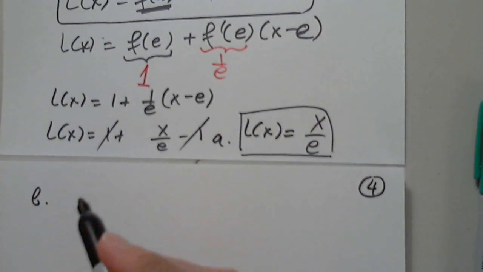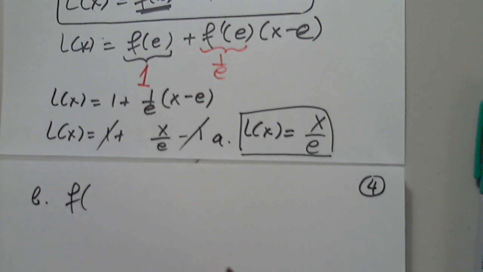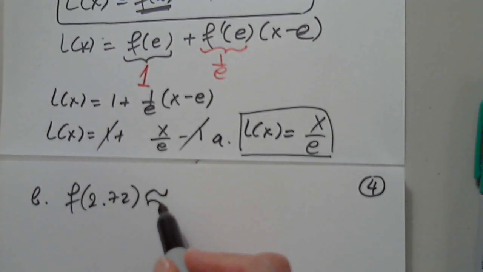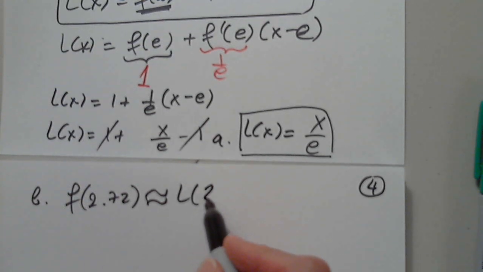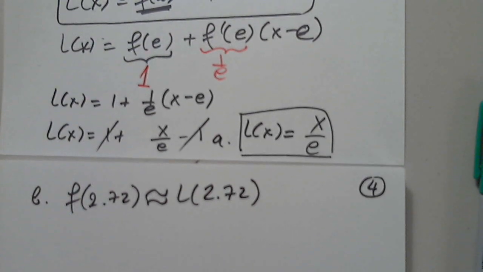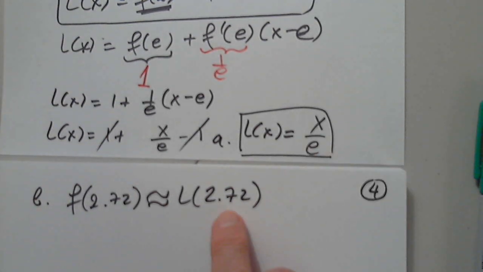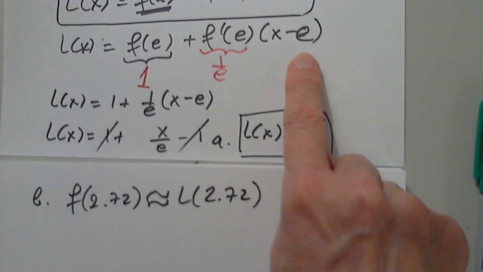So in part B, f of 2.72 is approximately L of 2.72. How come? How do I know? Why? What's going on here? Yes, as long as this number is close to e.